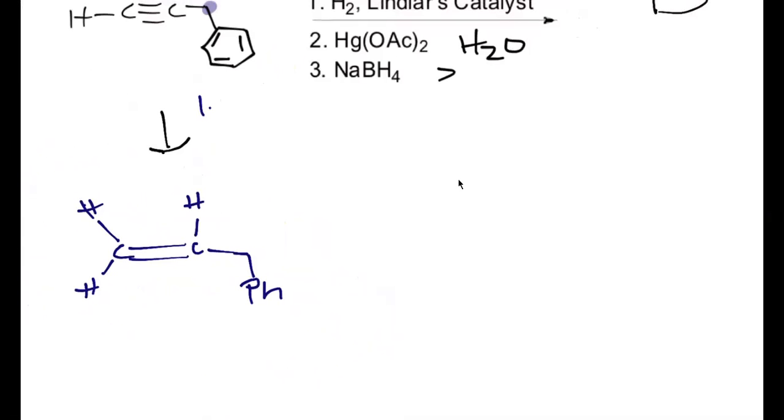So now, 2 and 3 go together. What kind of reaction is that? That's elimination. Okay, look at it again now. We have mercury acetate and water, followed by sodium borohydride.